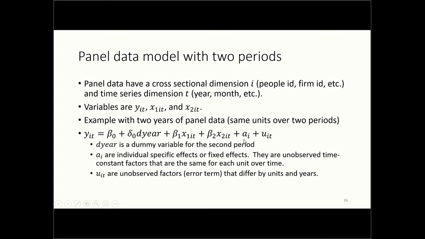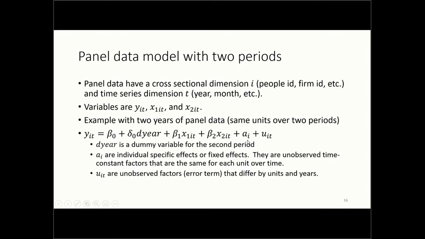And then this a_i is a new thing that we see for the first time. We would call this an individual specific effect or a fixed effect. So they're unobserved time constant factors that are the same for each unit over time. They're time constant or time invariant because look, there's no t subscript to it. So this does not differ for the individual over time, but it's specific to this individual.